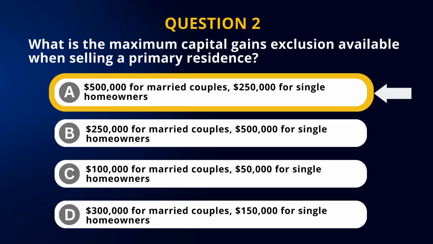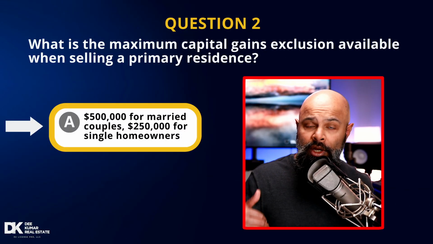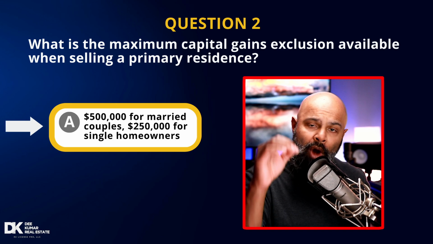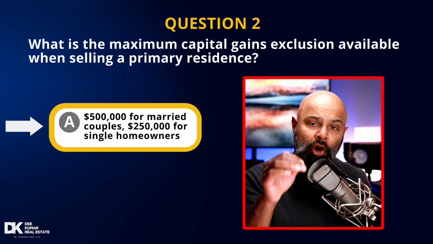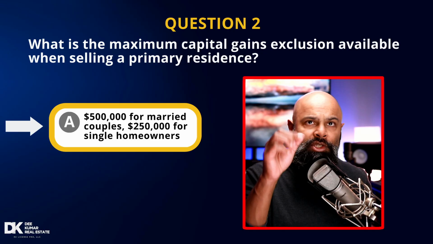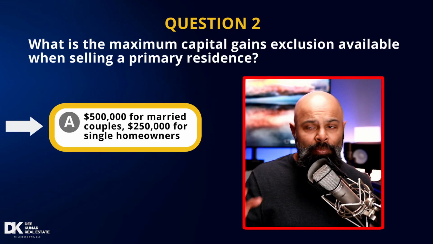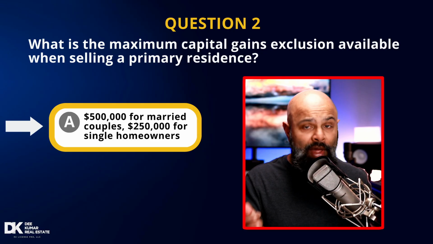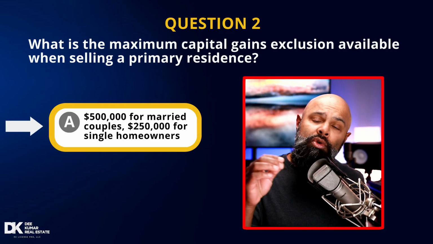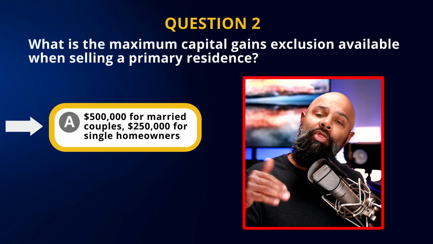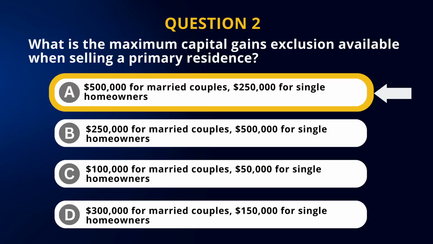So the capital gains tax exclusion is applied to primary residence for owner-occupied properties. And this exclusion, in so many words, really is just saying that if you were to sell your property and you realize a gain up to $500,000 if you are married, then you don't have to pay capital gains tax on that amount. Anything above that, then there will be a tax, but the capital gains exclusion is for primary residences.